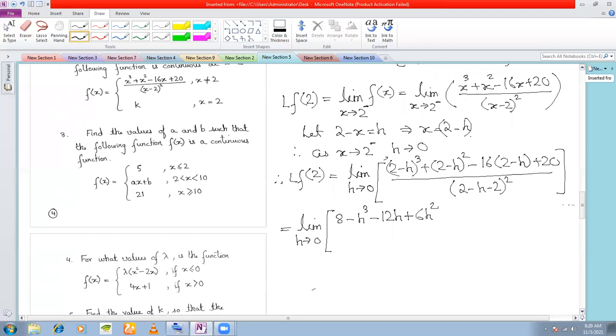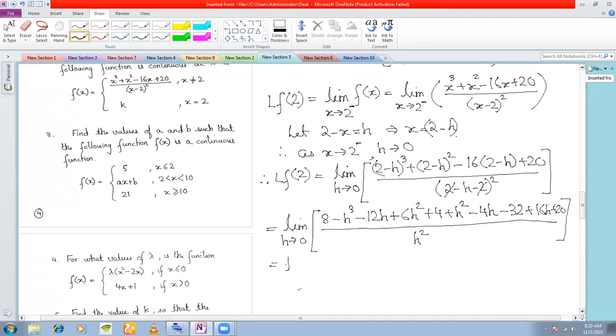And if you expand (2 minus h) whole square, you get 4 plus h square minus 4h. And this is minus 16 into 2, which is 32, plus 16h plus 20. This is what you are getting in the numerator. In the denominator, clearly the minus will cancel, so minus h whole square, we are simply left with an h square.